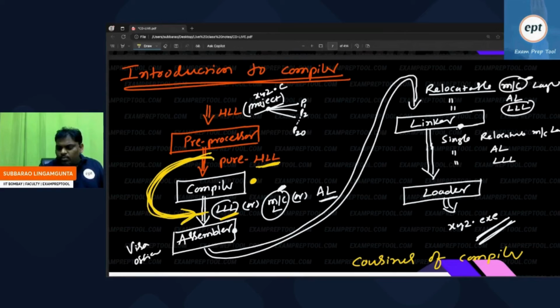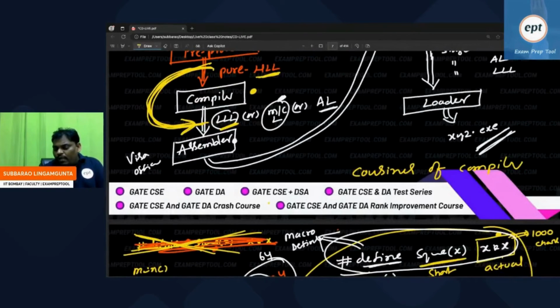In the language processing, after compilation, whoever is helping, who are those? Assembler, linker, loader.